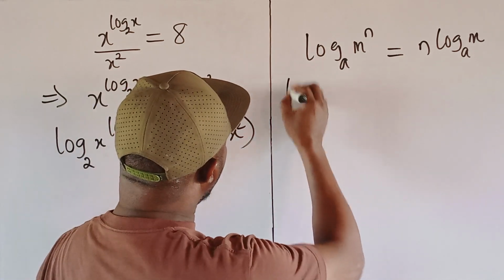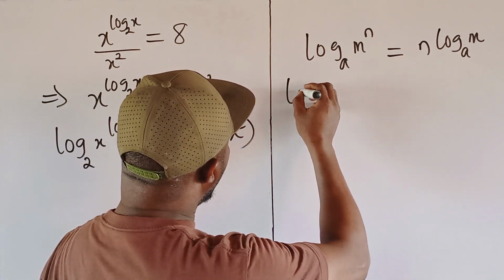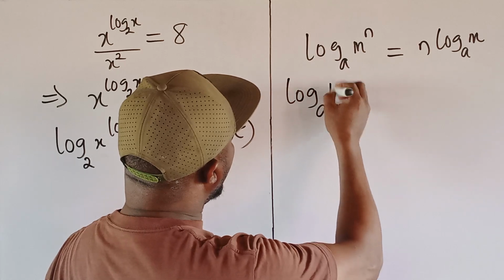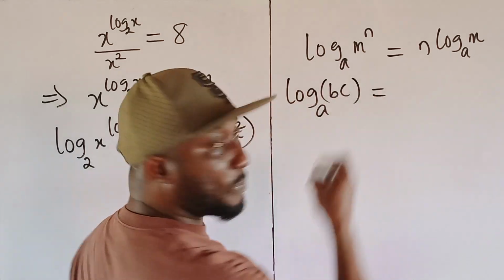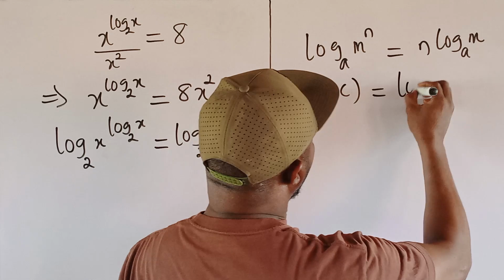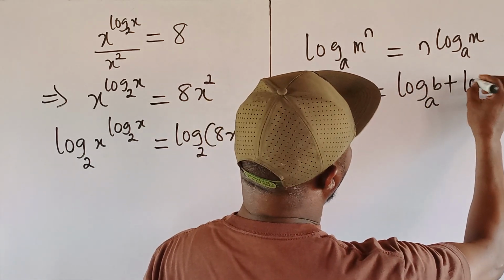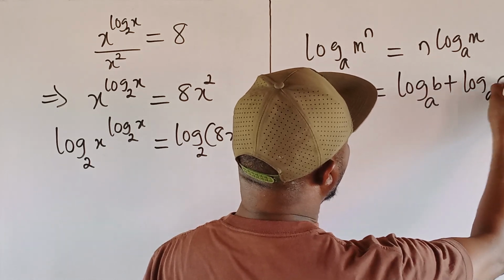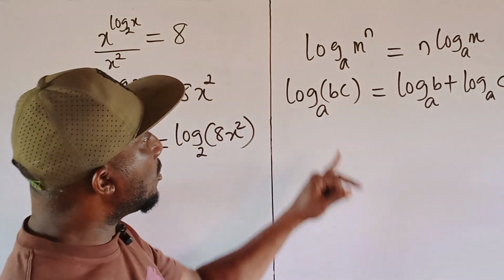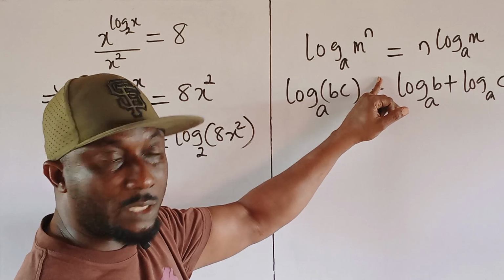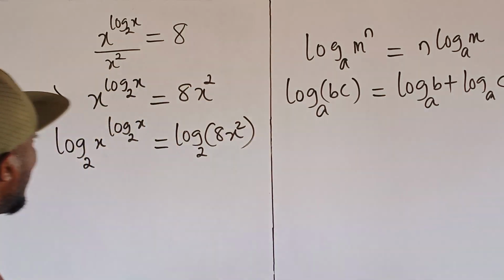Then again, we still have the multiplication law of logarithm, log to the base of a of the argument bc. I can split this as log to the base of a of the argument b plus log to the base of a of the argument c. So with these two intricate laws of logarithm, we shall then refine this problem.